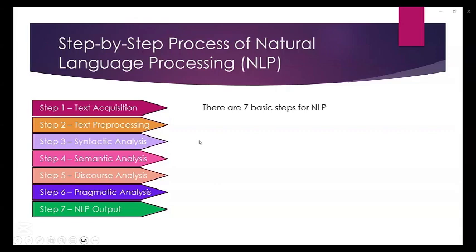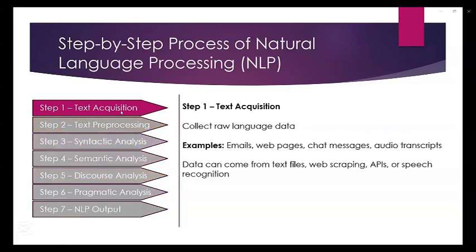Okay. So the first step is text acquisition, right? Text acquisition is nothing but how we can collect the raw data, or the raw natural language, from the source, right? For that we can use maybe a microphone, or an email, or web pages, chat messages, or anything like that.